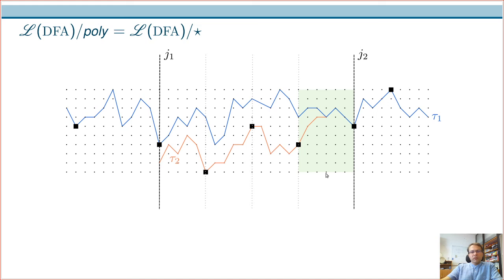And now if you put these things together, you arrive at the fact that there are only polynomially many active points overall in this band.